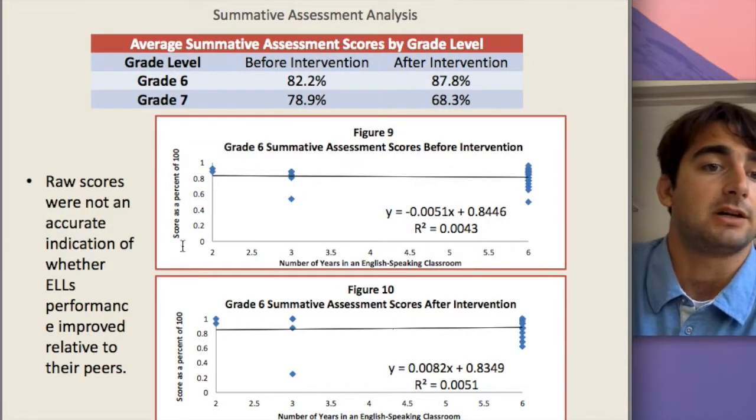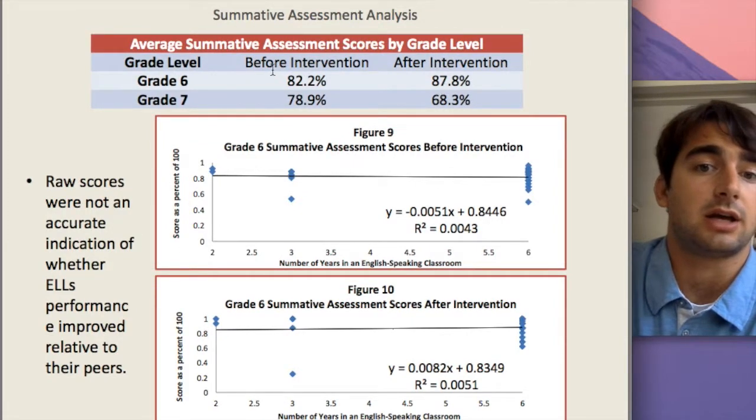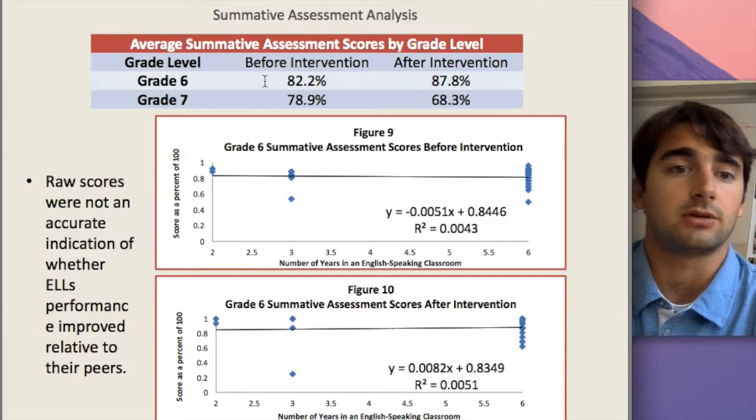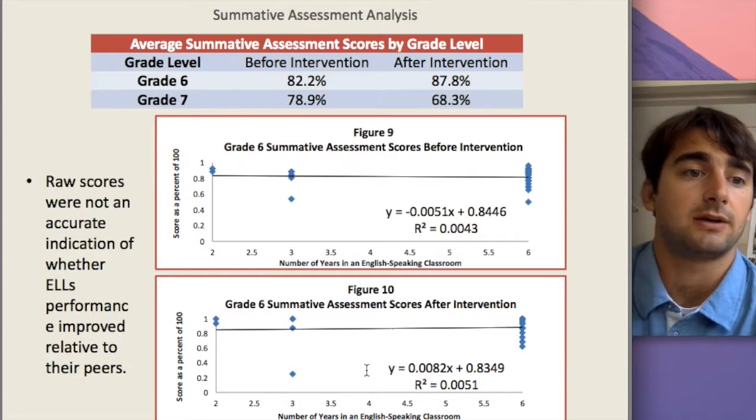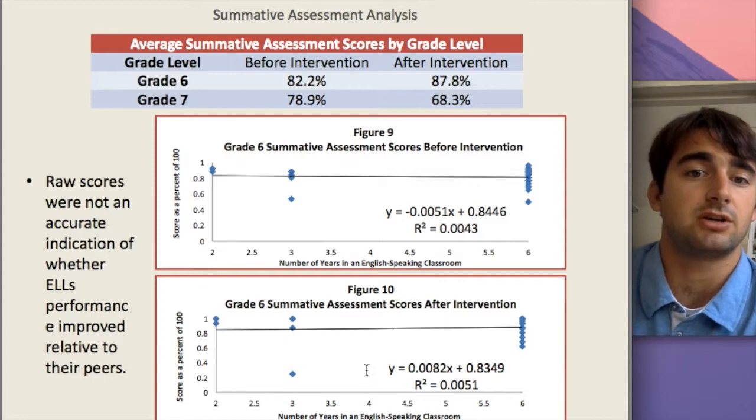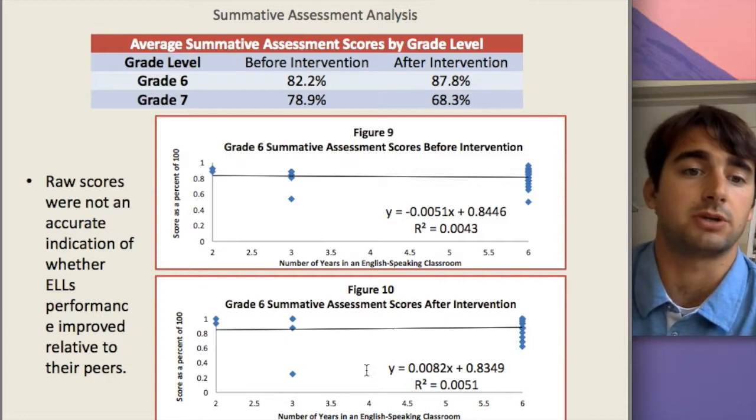Next slide. This is comparing the actual raw scores, or the percentage scores for the summative assessments, to the comparative scores from ELLs. This is showing that the raw scores aren't actually an indication of how closely ELLs score to their peers. And in 6th grade, we see ELLs score very close to their peers.